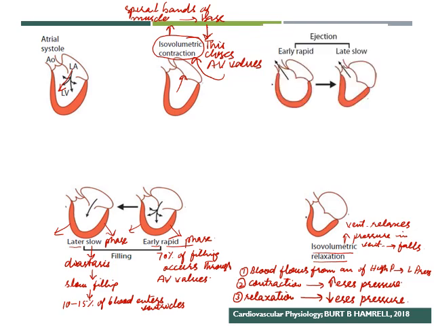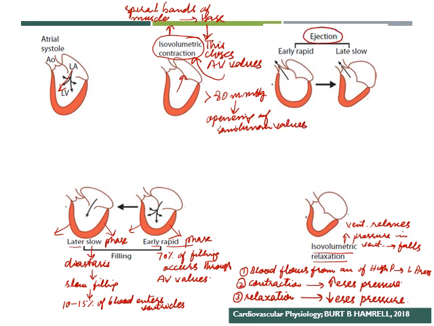When the pressure during isovolumic contraction becomes more than 80 mm of mercury, that marks the opening of semilunar valves, and ejection phase begins.